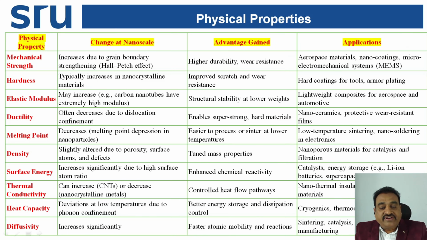Now physical properties. You try to see here: property, change at nanoscale, advantage gained, and application. At this place, we are trying to understand clearly the physical properties. First, mechanical strength.